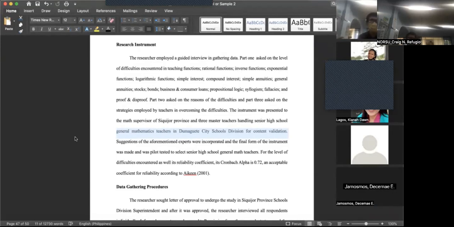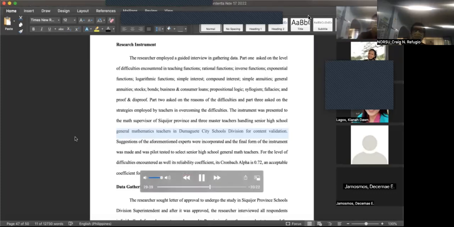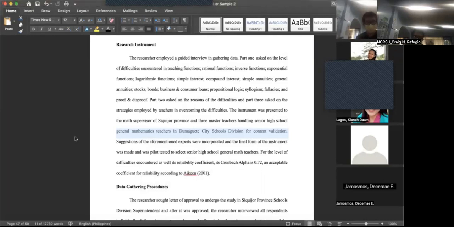In the sample proposal in chapter 1, the research locale was Siquijor DepEd Division, and the pilot testing was done here in Dumaguete. But of course, there should be parallelism or similarity of those who will be included in the pilot testing and those who will be included in the final data collection.